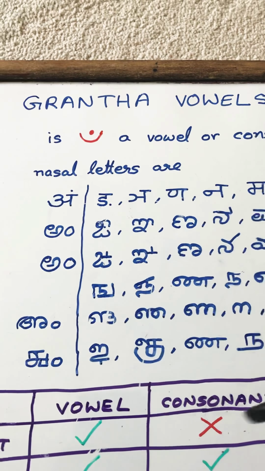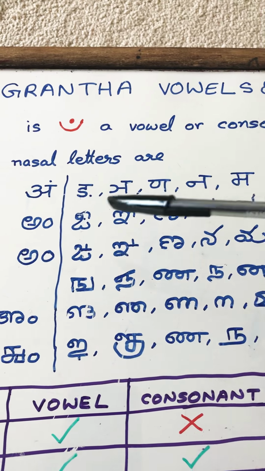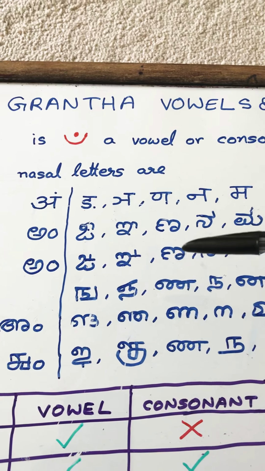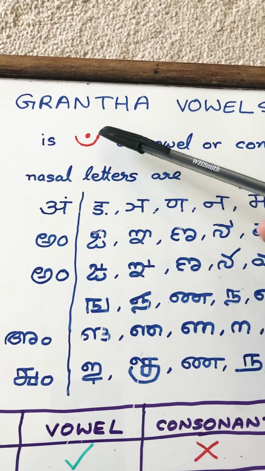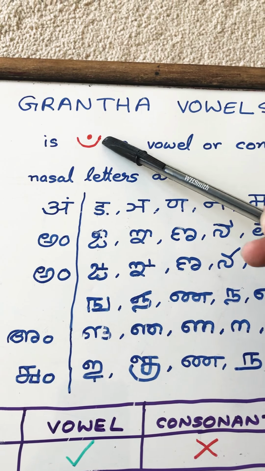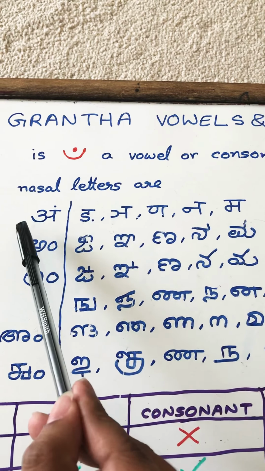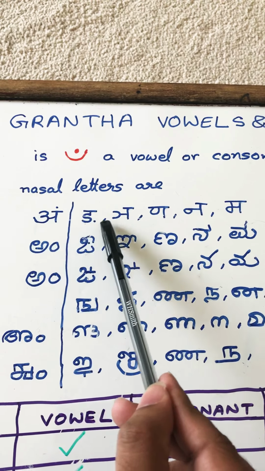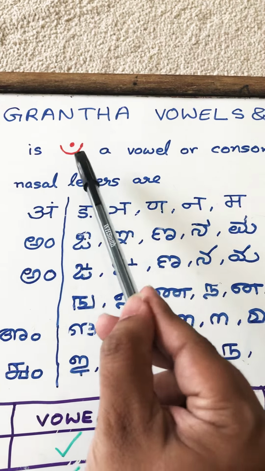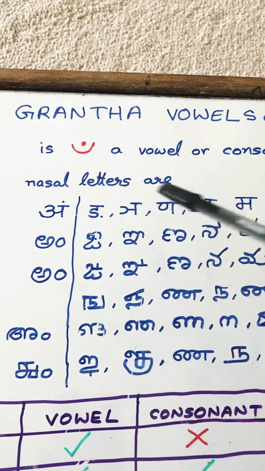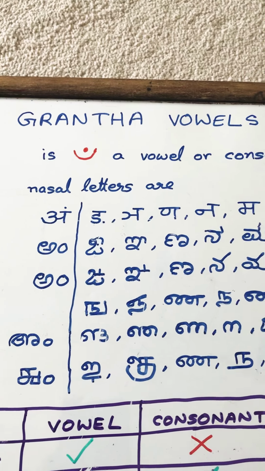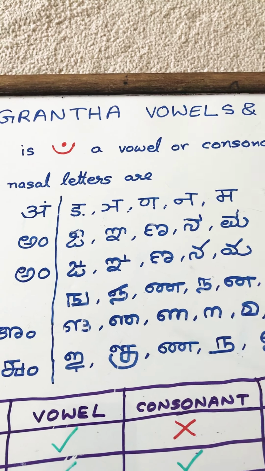So why are we looking at all the nasals? Why are we looking at all the consonants now itself? Because this Chandrabindu can replace any of these in a word. So instead of using any of these, you can use the Chandrabindu instead. So it can either be a vowel that you are replacing, or it can be a consonant.